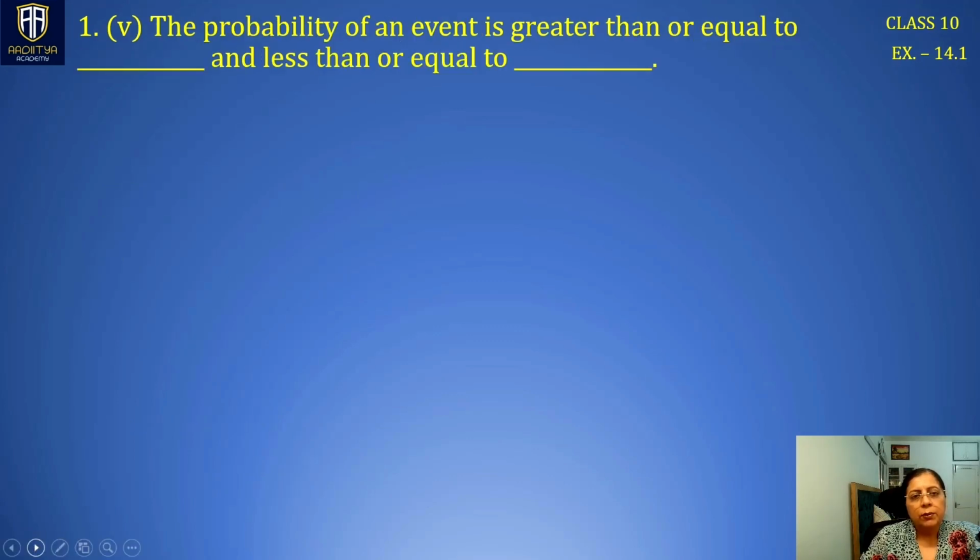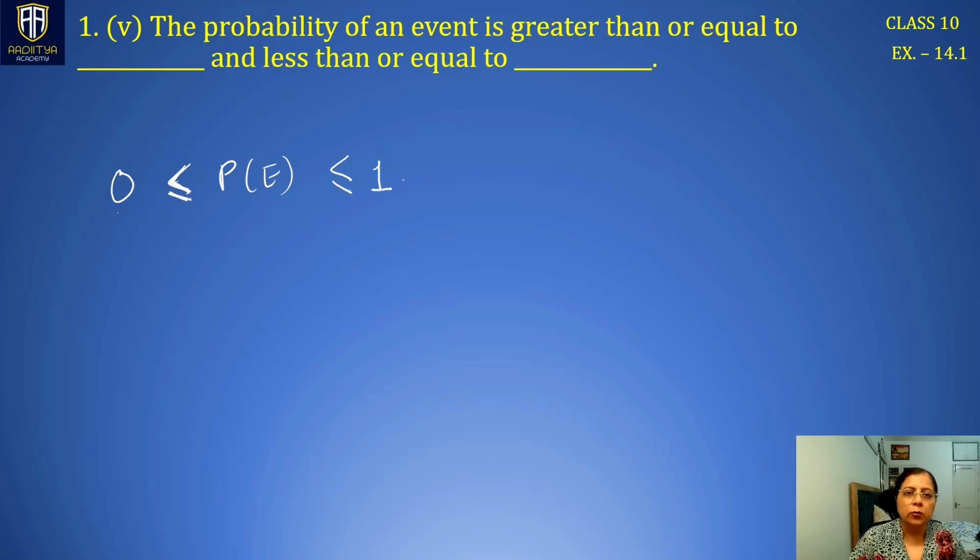Next, we have that the probability of an event is greater than or equal to 0. Like I told you, the least possible value of the probability of an event is 0. That means the probability of any event is greater than or equal to 0. In the exceptional case, it can be 0, or it can be some positive fraction, but it has to be at most 1.